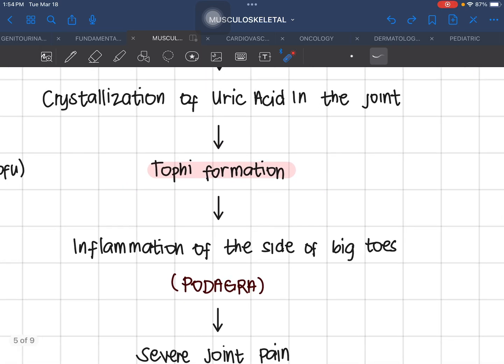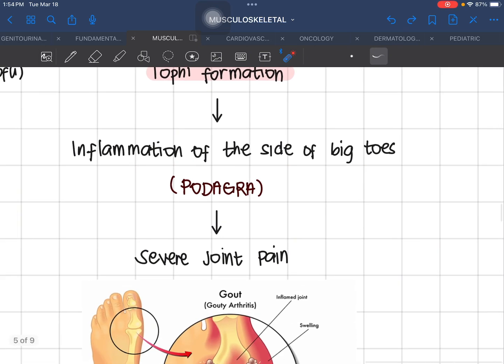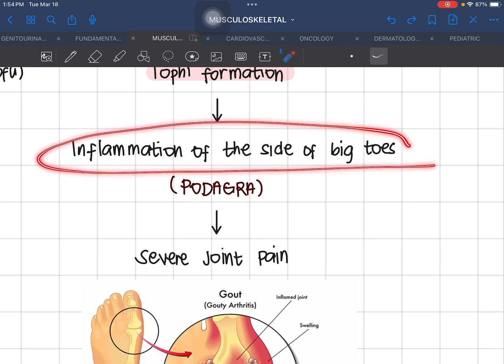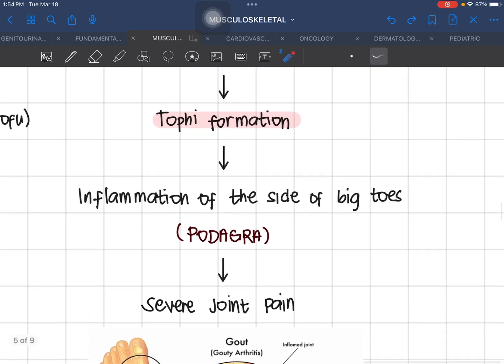Tapos, kapag nagkaroon na ng tophi formation, syempre masakit yun dahil nga nag-crystallize siya. Tutusok-tusok yung joint mo. So, magi-inflame siya. So, common is yung sa side ng big toes, which tinatawag natin podagra. And then, yun nga, dahil inflamed and na-crystallize, maka-experience din ng severe joint pain.